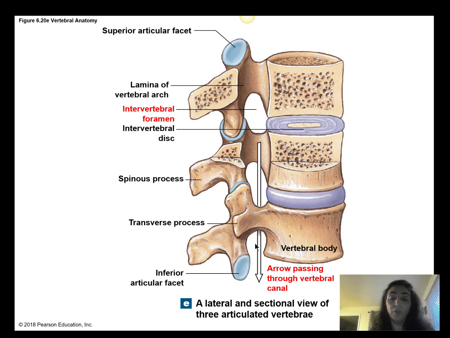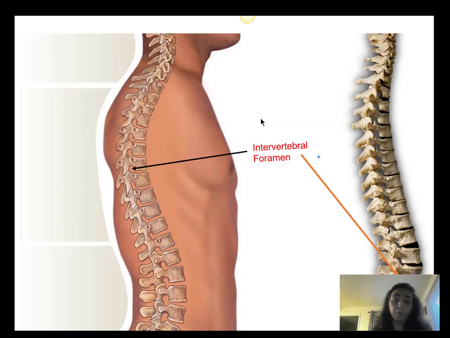To go to different parts of the body. So you have the whole spinal cord through the vertebral canal, and you have one single spinal nerve coming out of each intervertebral foramen.